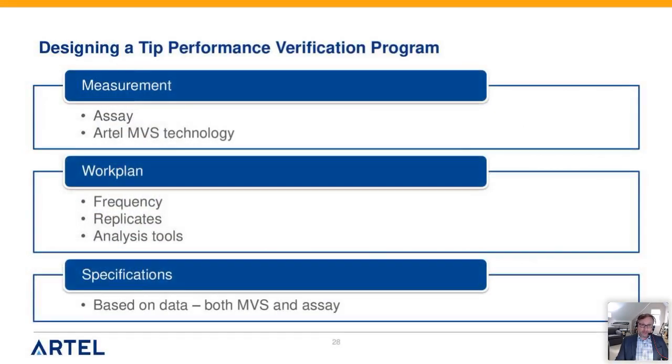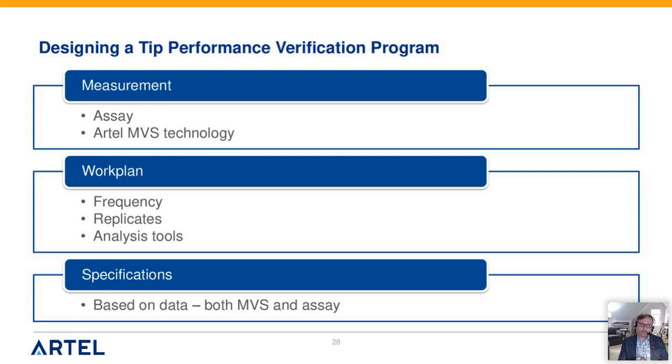So let's talk about designing an appropriate tip performance verification program. There's really three components here. It's the measurement, and that's really composed of the assay. And then I've got in here as a second bullet point, the Artel MVS technology. And we're going to talk about the advantages of that in just a second. And we want to design the appropriate work plan.